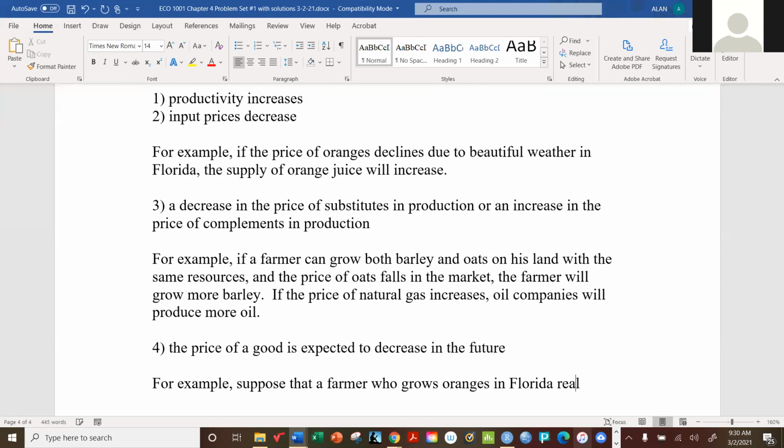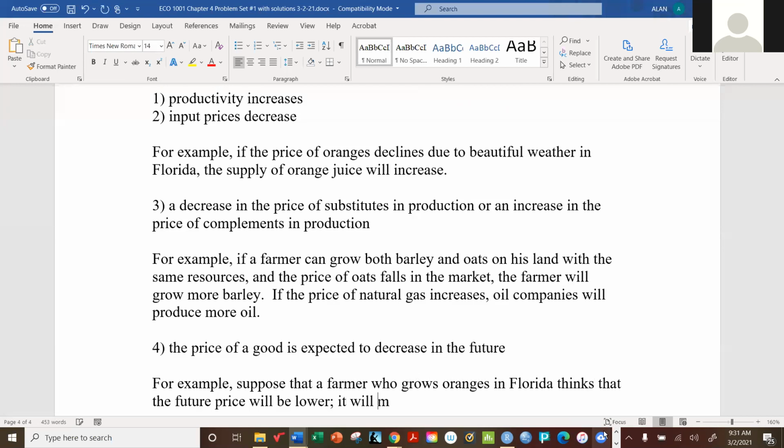Florida, who thinks that the future price will be lower. I shouldn't say realizes, thinks that, because we don't know for sure. You never know what could happen. Next year, the weather could be awful. The farmer who grows oranges in Florida thinks that the future price will be lower.